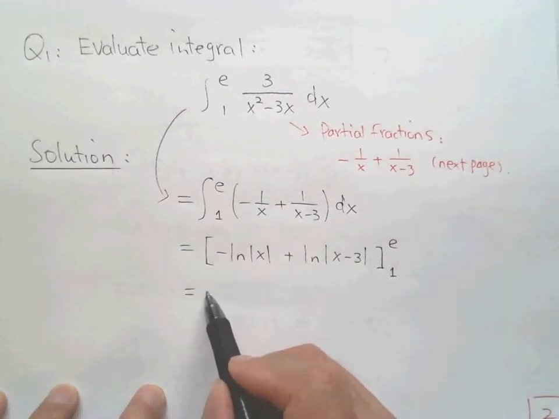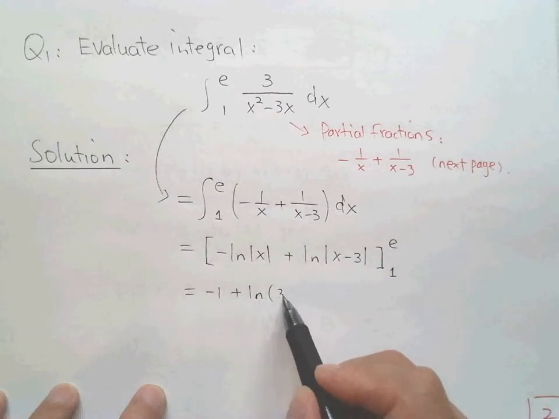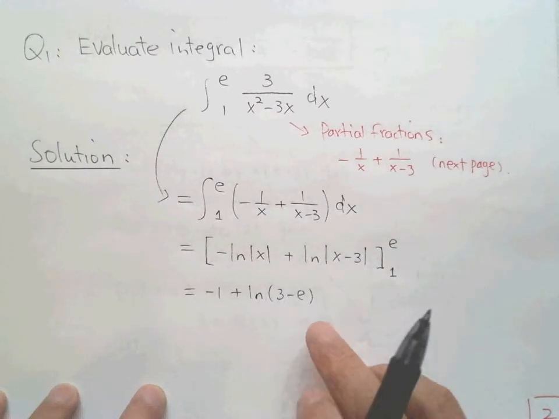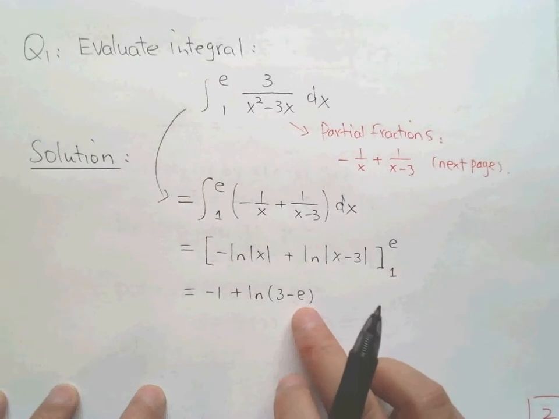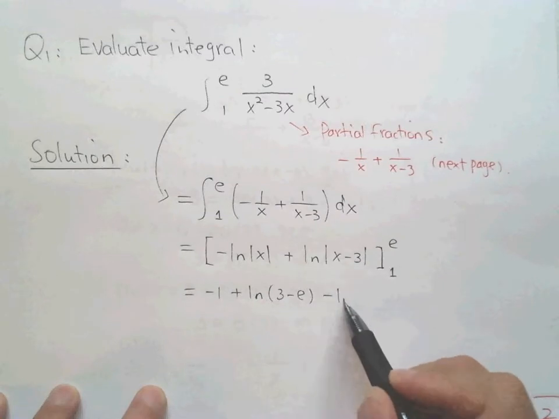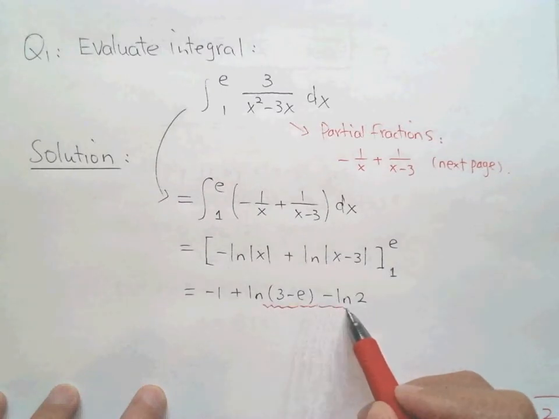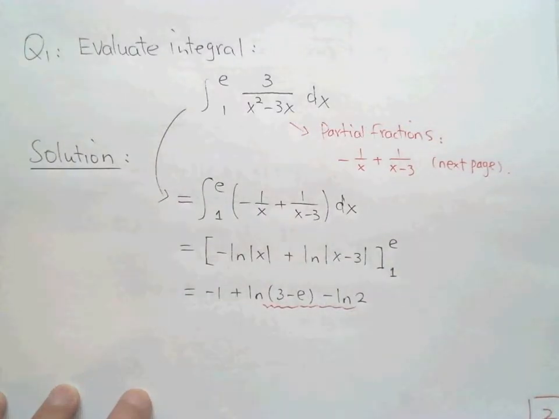Negative 1 plus ln of (3 minus e), because you know the value of e is 2.71828, like that, so this is positive, good. And then minus ln 2. We can merge these two together by using the quotient rule of logs.